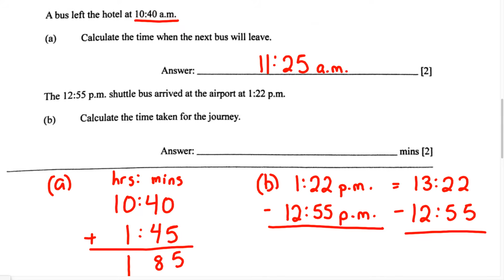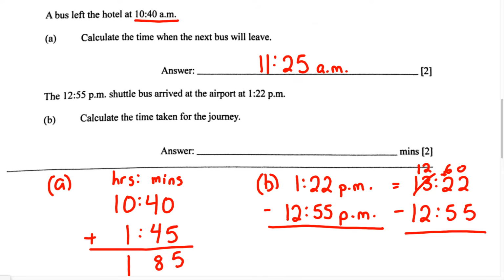Now when we solve for this, we can say 22 minus 55. We know that can't go, so we must borrow from the hours. 13 hours is now going to become 12 hours. And we're going to take over 60 minutes because 1 hour equals 60 minutes. So we have 60 plus 22, when we put this in our calculator, it's going to give us 82.